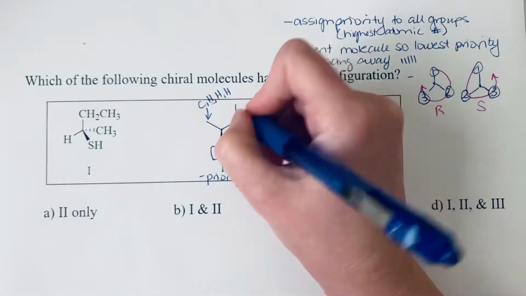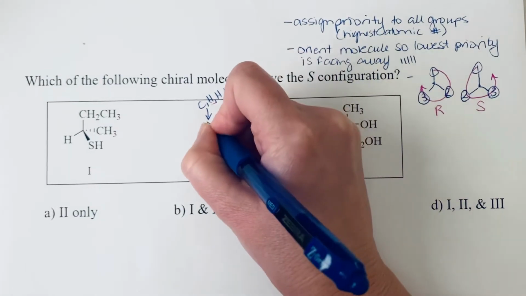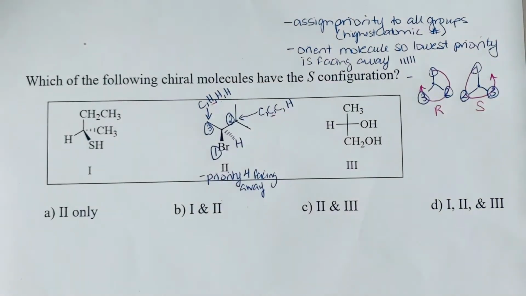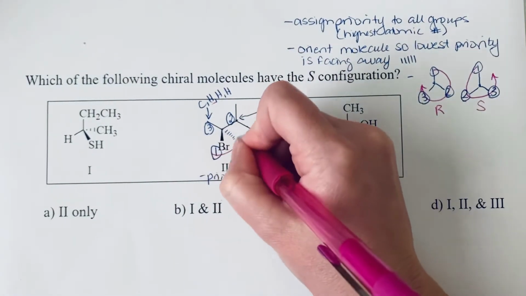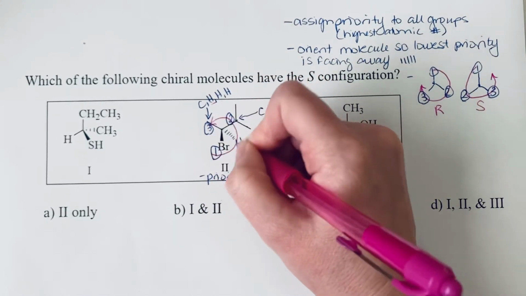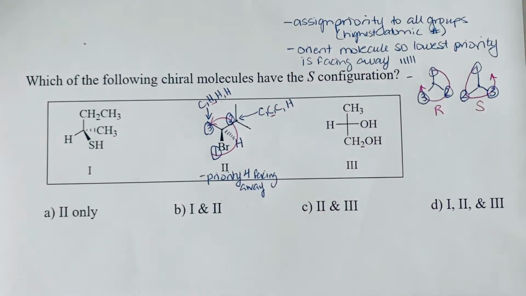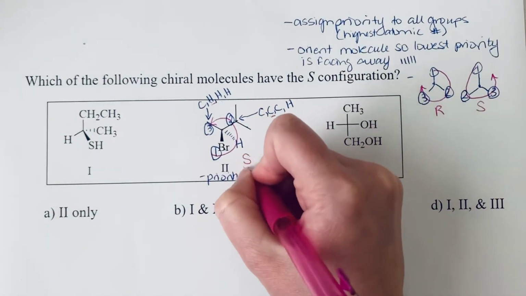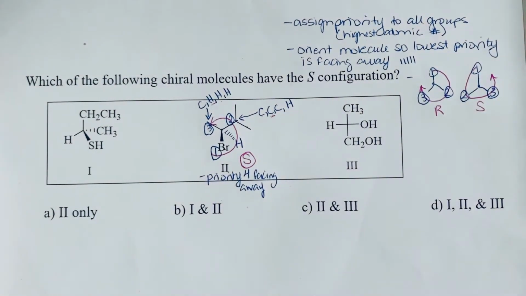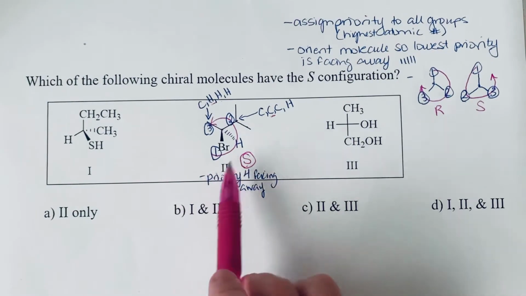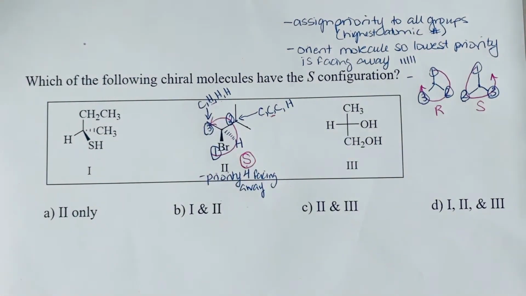So that means that this is priority 2, and that methyl group is priority 3. So now when I draw this arc, 1 to 2 to 3, and my lowest priority group is facing away, I see that this is counterclockwise, so this is an S stereocenter. So I have found 1 of these chiral molecules so far to have that S configuration.